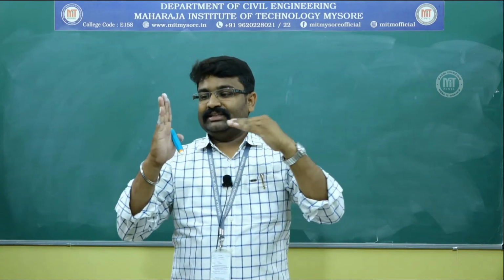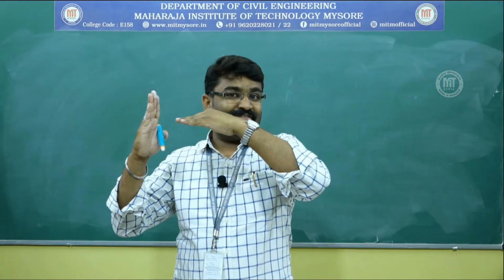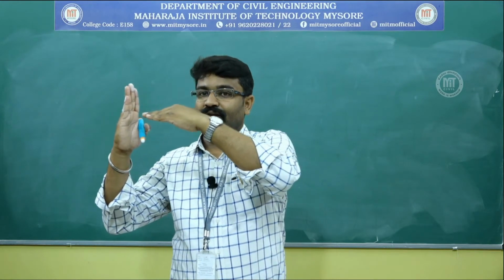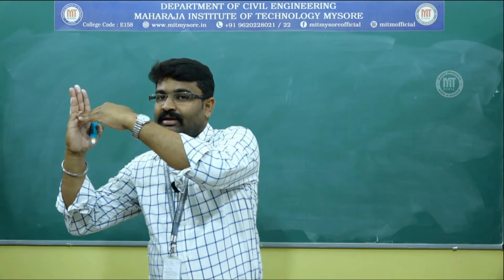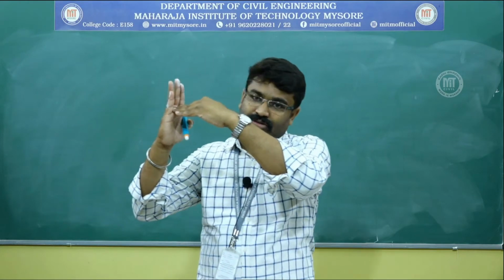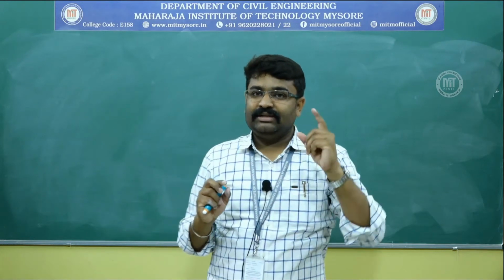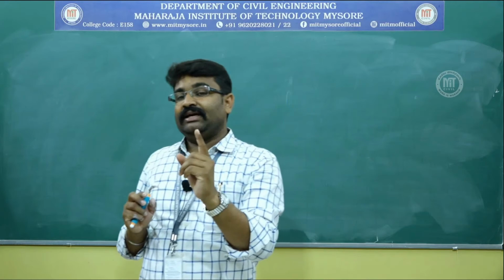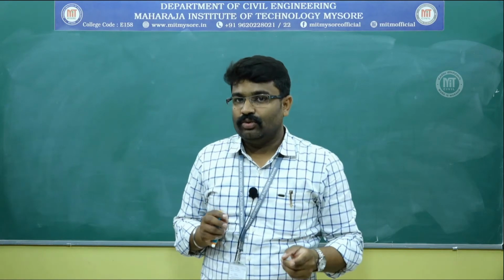Similarly, in this case, since the target starts to move, the velocity with which the jet left the nozzle keeps on reducing, and by the time it meets the moving vane, the velocity would have reduced by the velocity of the vane. That means the velocity with which the jet meets the vane would become v minus u.